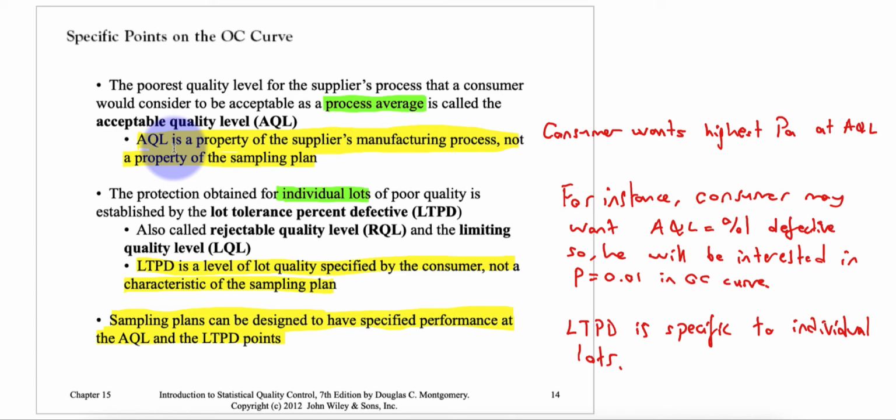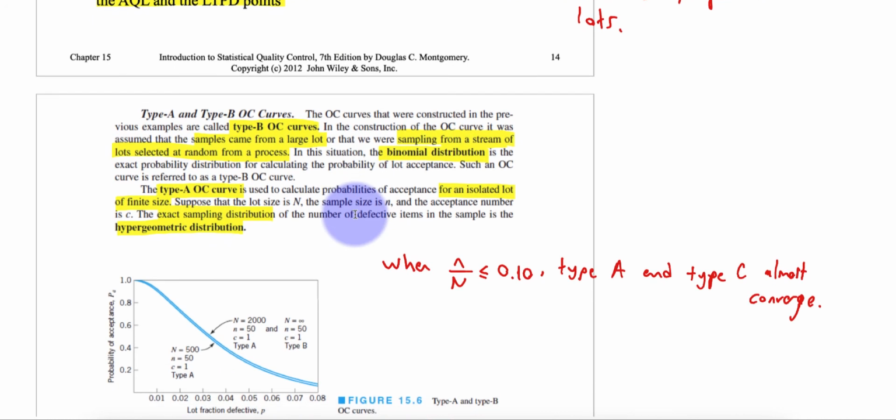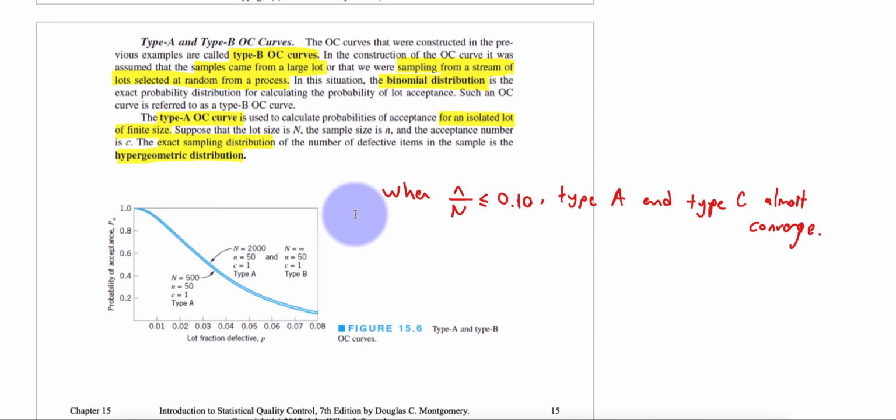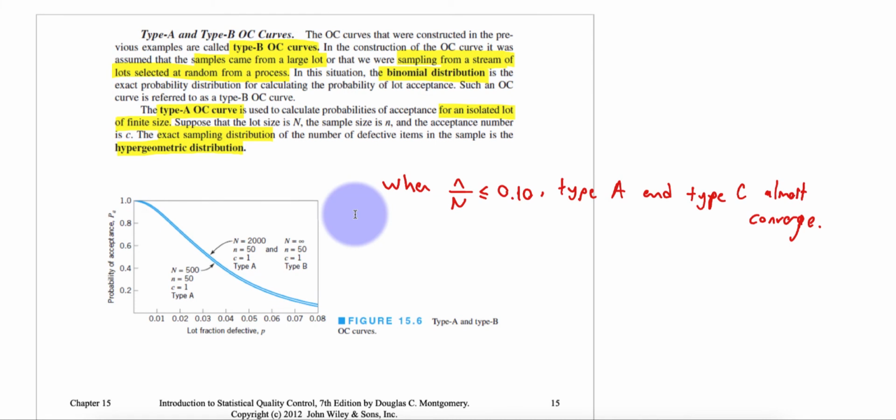About the lot tolerance percent defect, we cannot use this OC curve because it is just about the population of the lots. But maybe we can use it in some cases. Let's talk about the type A and type B OC curves. Up to here we have talked about type B OC curves.